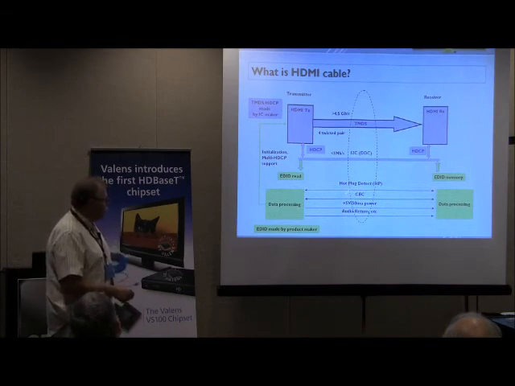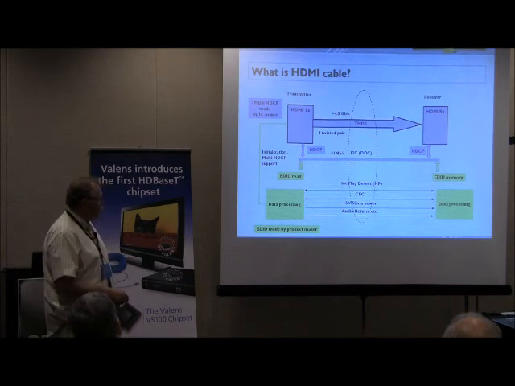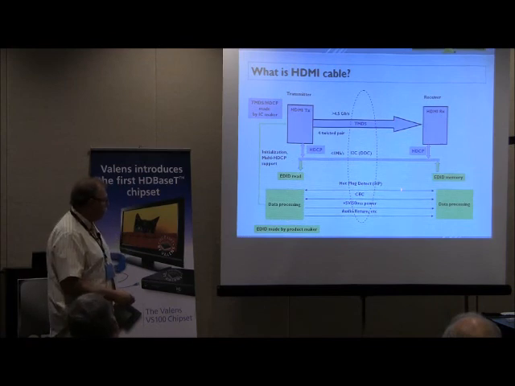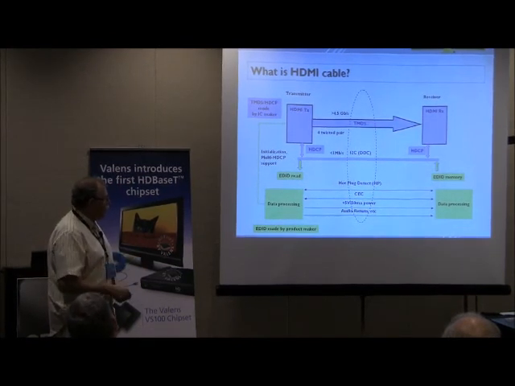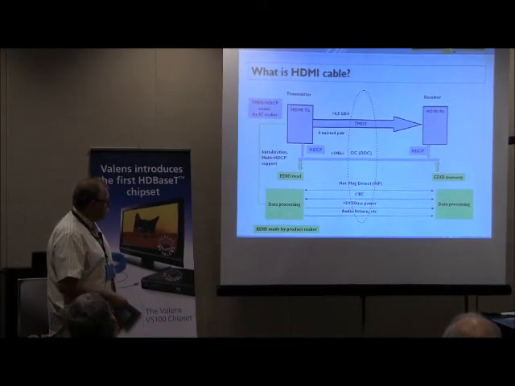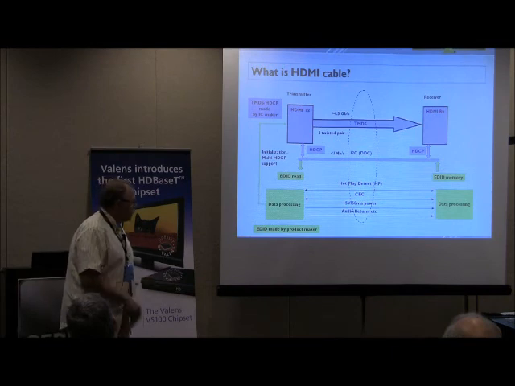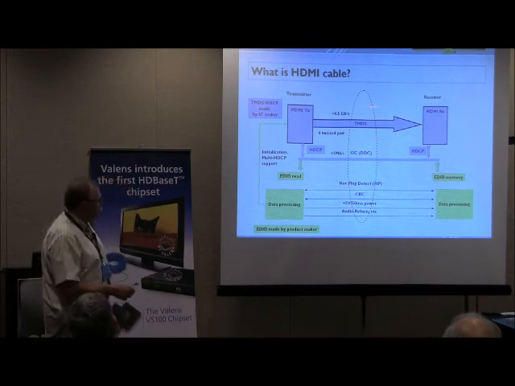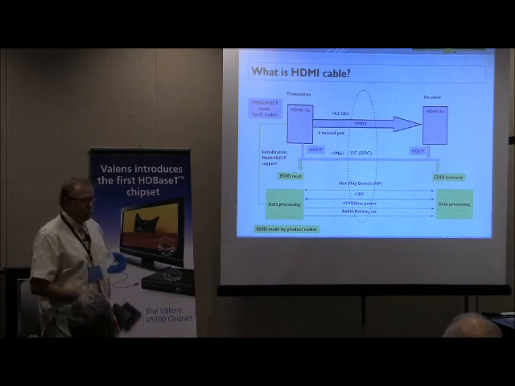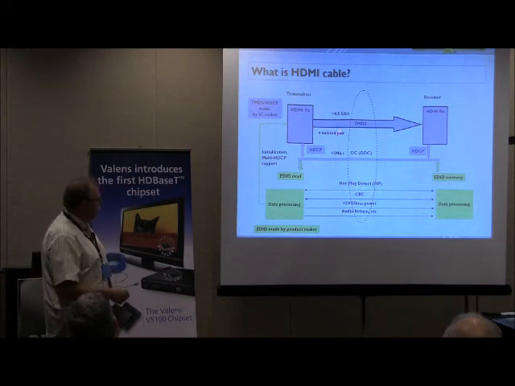And there is some supporting information and supporting things that exist in the bus as well: the hot plug detect line, the CEC for control that's used between receiver and transmitter, some power, audio return, Ethernet, all this in the HDMI connector. But one of the basic technological and connectivity problems today is TMDS.